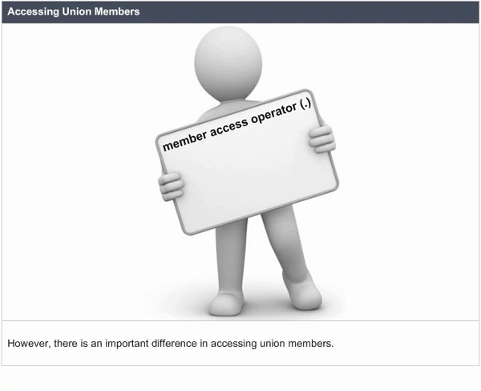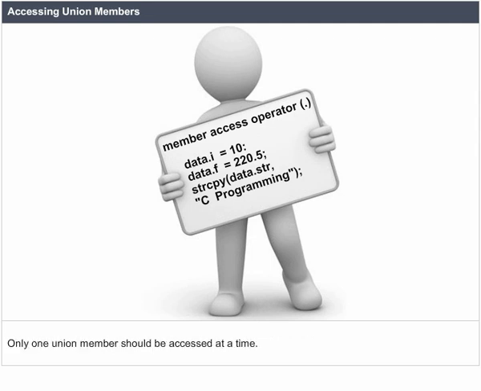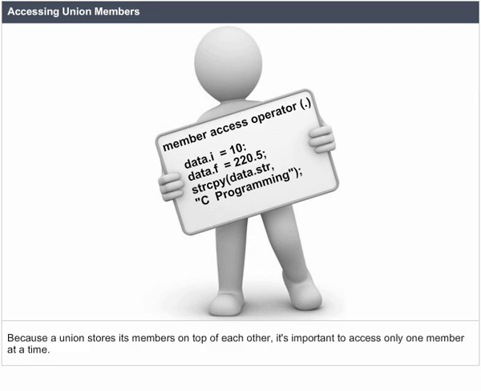However, there is an important difference in accessing union members. Only one union member should be accessed at a time. Because a union stores its members on top of each other, it's important to access only one member at a time. The following is an example for this.